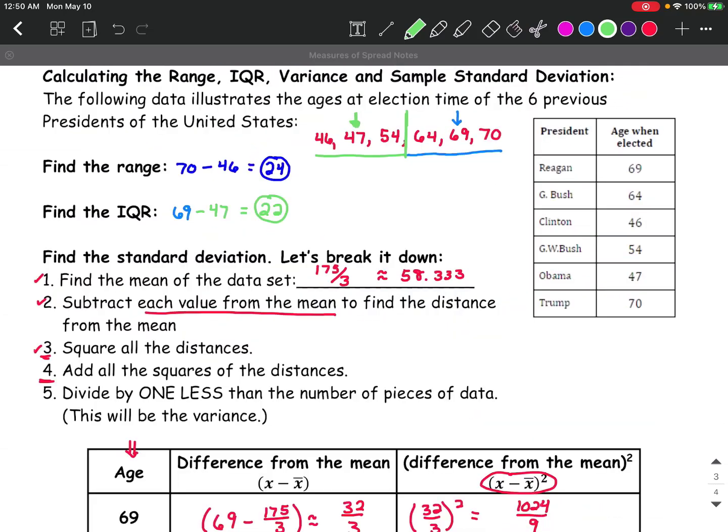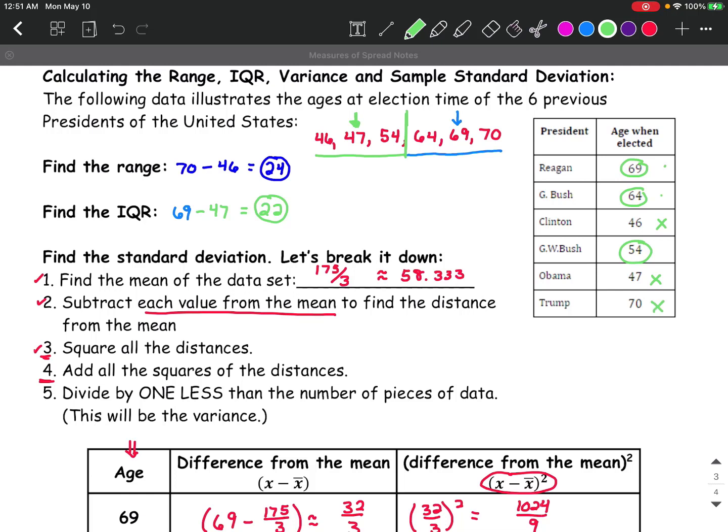So let's go back and look at that table. Is 69 in that? Yes, it is. 69 is just below that 69.1. What about 64? Yes, that's in there. 46, nope, he's younger than the 47.5, so not him. 54, yep, that's in between those two numbers. 47, nope, that's below 47.5. 70, nope, that's bigger than 69.1.